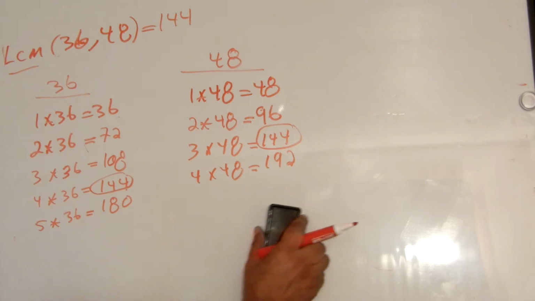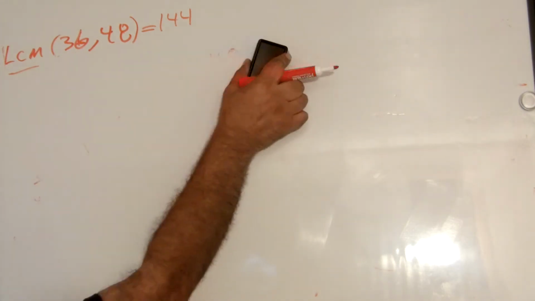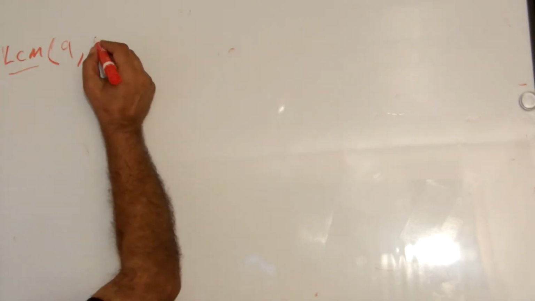So how about another one? 9 and 18, easy. LCM of those.